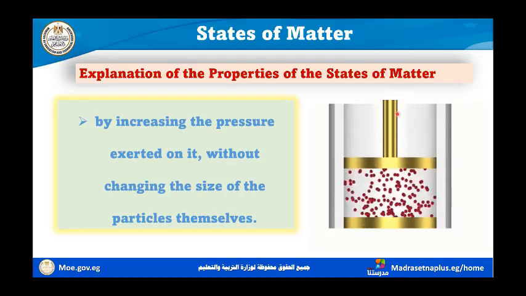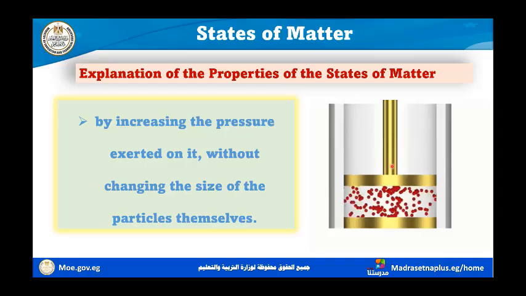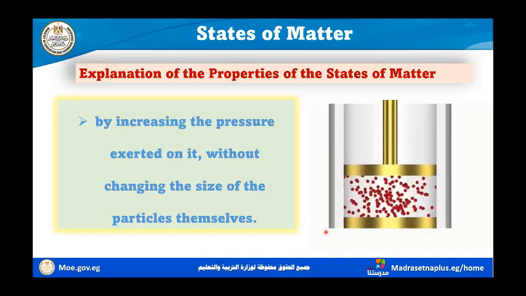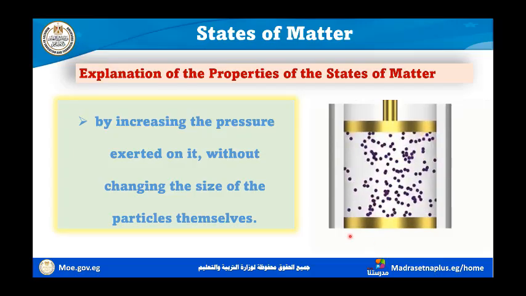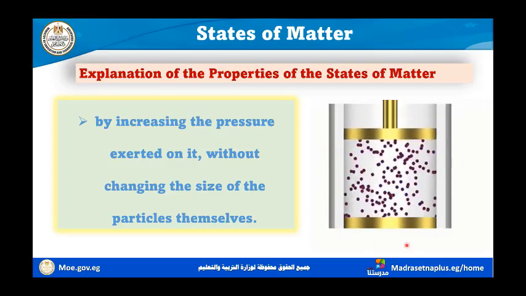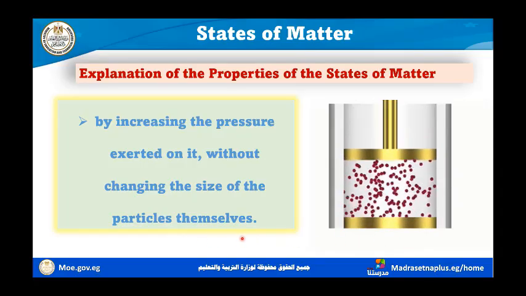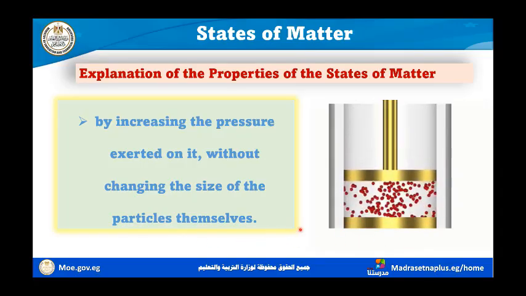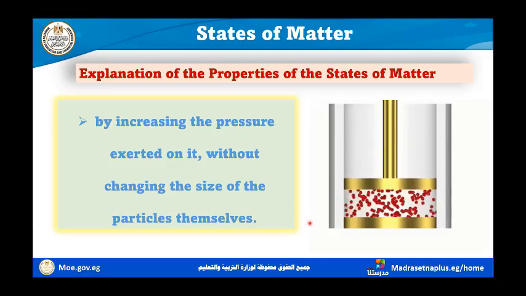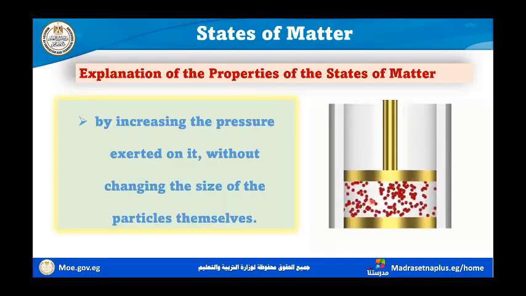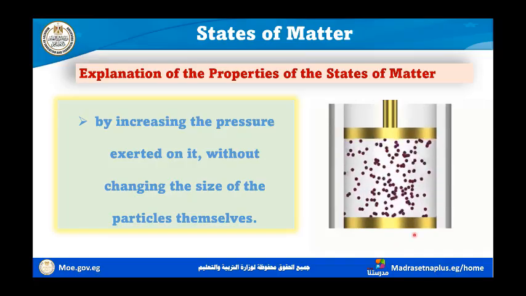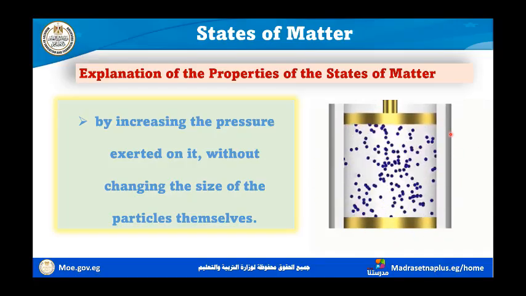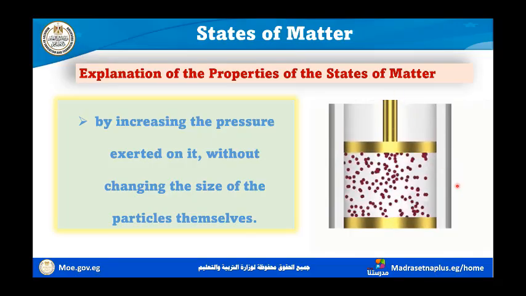By increasing the pressure, by pressing on the piston, the particles become very close to each other, and the volume of the gaseous state will decrease, but the size of the particles remains the same, without any change. The red particles remain the same size, but the volume of the gas itself decreases as we press on the piston and the pressure increases.